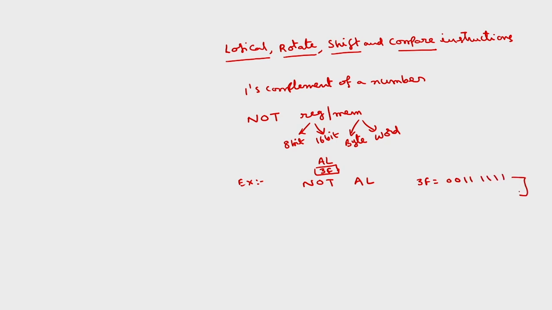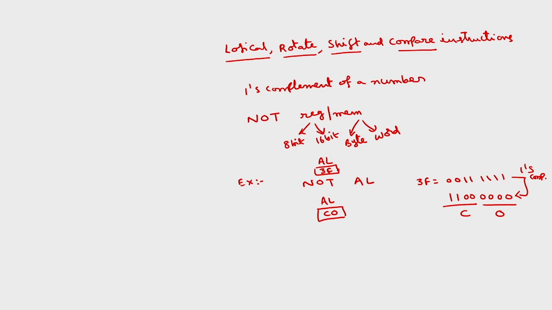If you take the 1's complement of this, 1's will be changed to 0, 0's will be changed to 1: 1 1 0 0 0 0 0 0. So this will be C, this will be 0. After this the contents of AL become C0. So it simply determines the 1's complement of the register or memory location that is specified here.